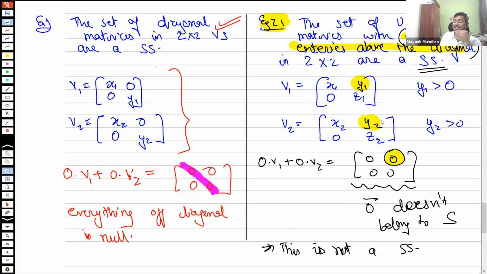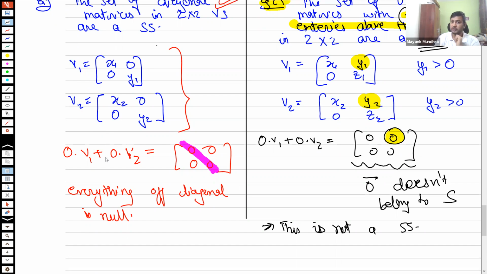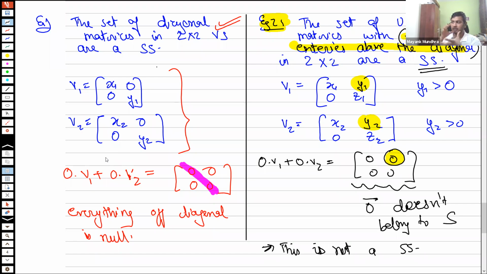So this is a very easy thing to check if something is not a subspace. This does not prove that something is a subspace. I hope this point is clear to everyone. You can use it to reject something as a subspace, but you cannot use it as a proof for something being a subspace. The idea is that a subspace must contain the zero vector, but just because something contains the zero vector does not make it a subspace.